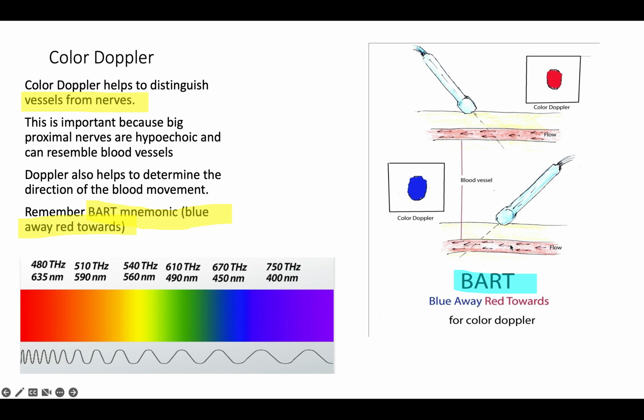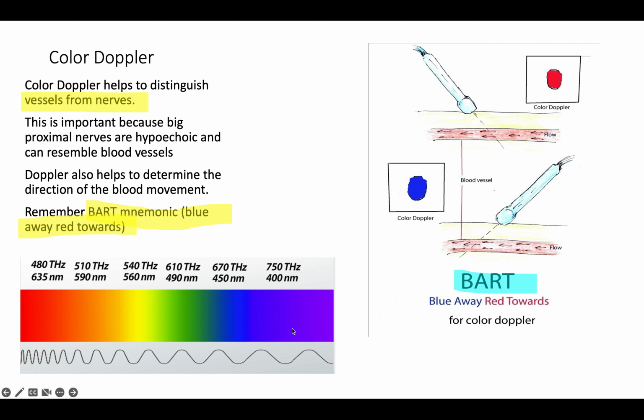And if the blood flow is away from the transducer, it will be represented as a blue color scheme. You can use this mnemonic, or you may remember our rainbow and know that the red side is lower frequency, and the blue side is a little bit higher frequency waves.